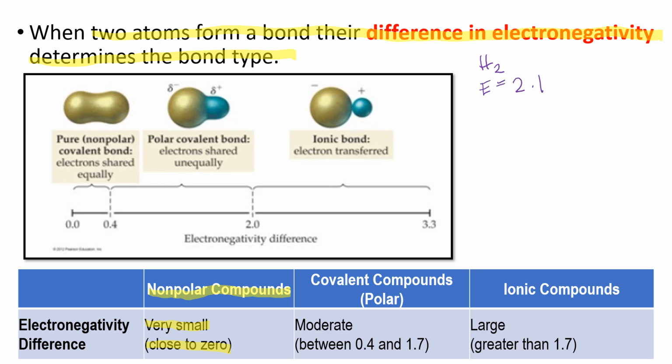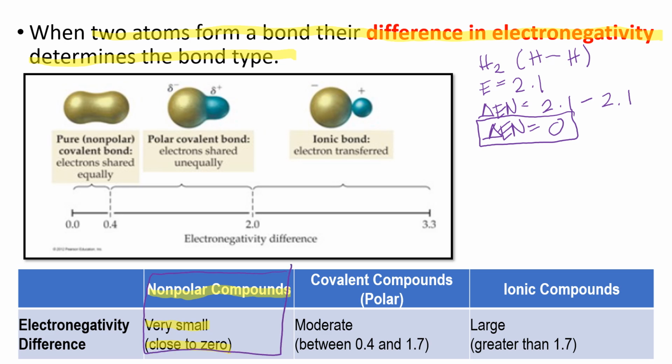Since it is two hydrogen atoms, the difference in electronegativity is 2.1 minus 2.1, which is an electronegativity difference of 0. And this is considered a nonpolar covalent compound.